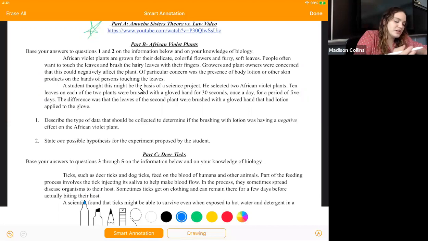The first question we need to answer, in order to figure out what type of data we're collecting, is what do we want to be able to prove? The question being asked here is, is the presence of body lotion affecting the plants?